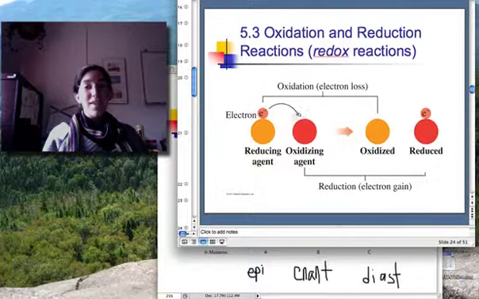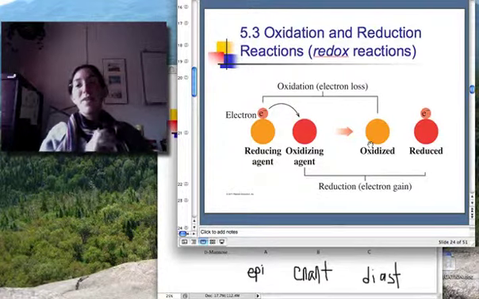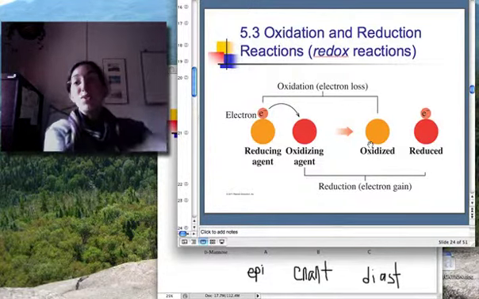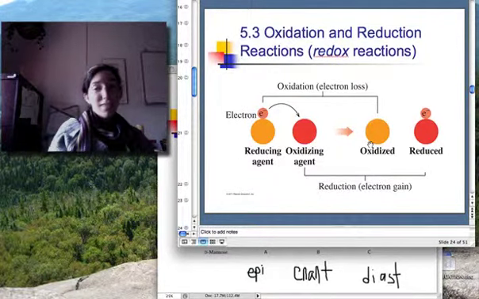Likewise, the molecule that accepts the electrons and gets reduced in the end is the oxidizing agent, okay? It's a little bit confusing, but if you think about it, it makes sense. It's a give and take, right? So the one that gets oxidized reduces the other one. The one that gets reduced oxidizes the other one.